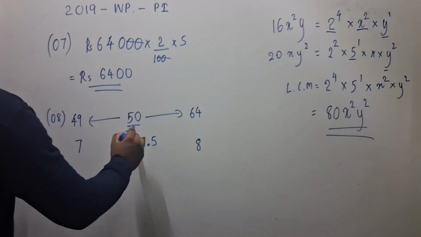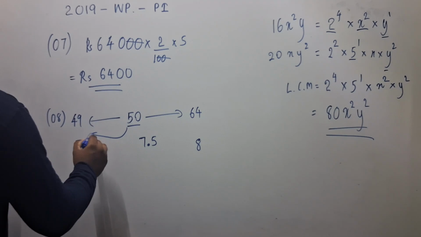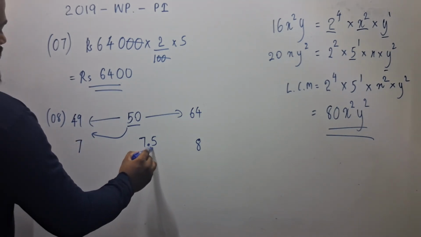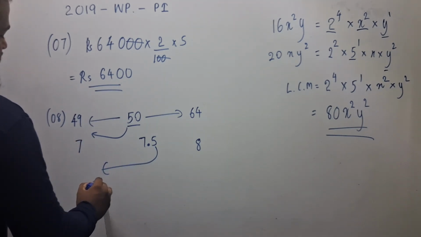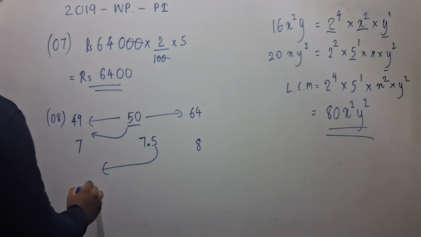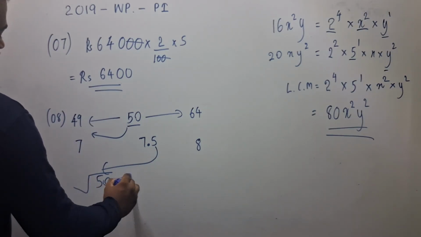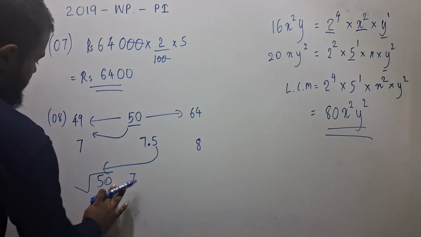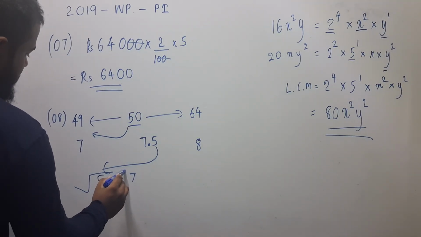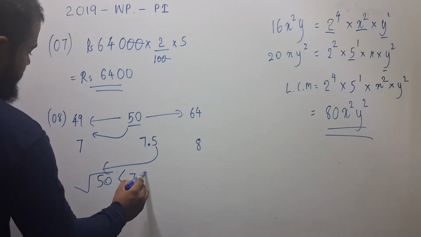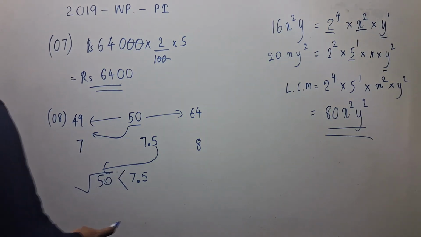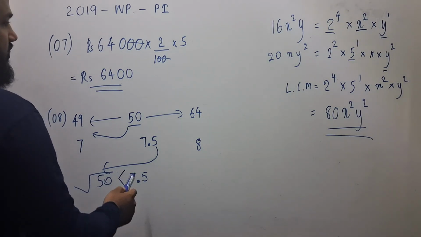If the number is closer to the previous square, the value is less than 7.5. That means the square root of 50 is less than 7.5. So it should be 7.4, 7.3, 7.2, or 7.1.